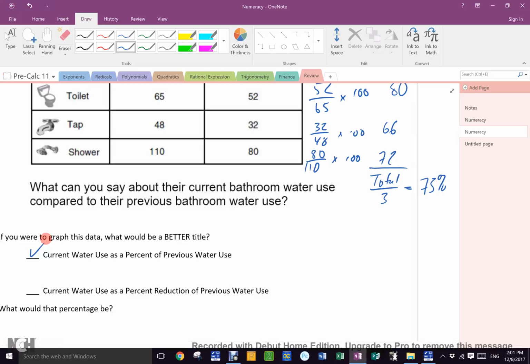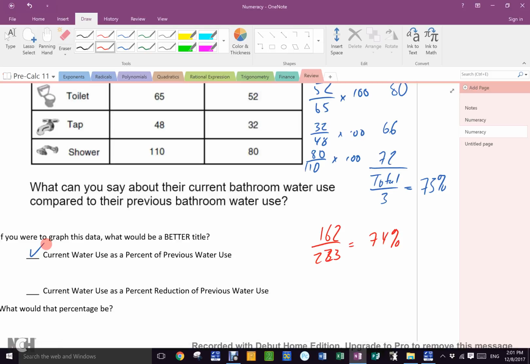That's a lot of work. Could he have done something simpler? I just added them all up and then found the percentage. The current was 164 and the previous was 200. Lauren went 162 over, it was like 223, and then found it to be 74%. And then she would have ticked the same one, right?